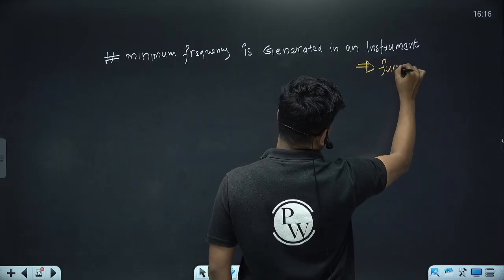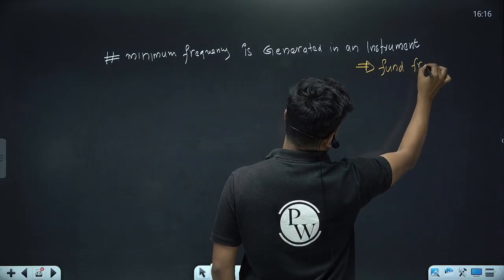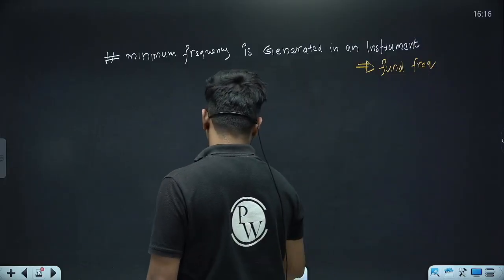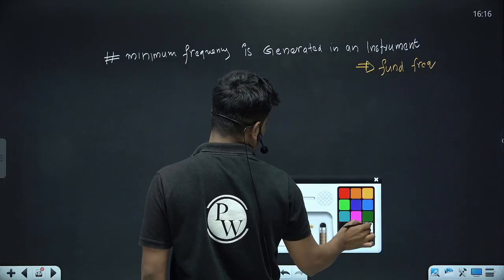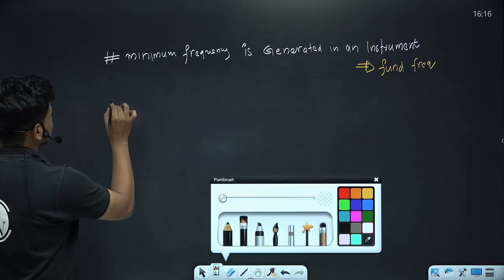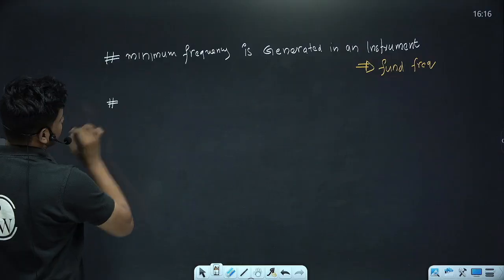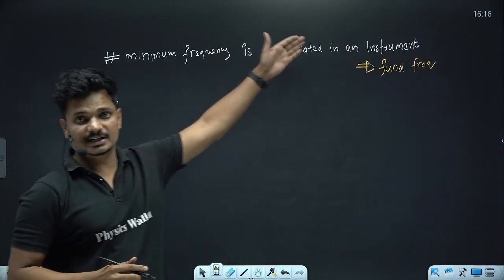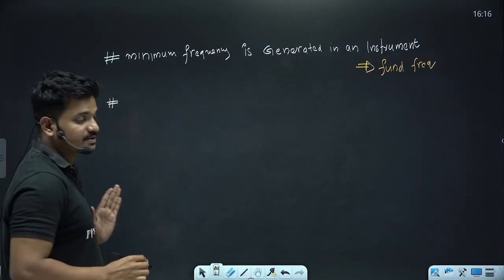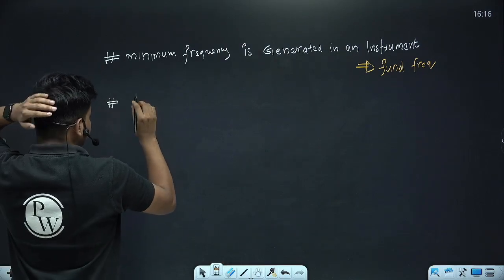Okay, that is actually the fundamental frequency of that instrument. That's the thing you should note. The next point, the minimum frequency generated in an instrument is known as fundamental frequency. The next point is what?